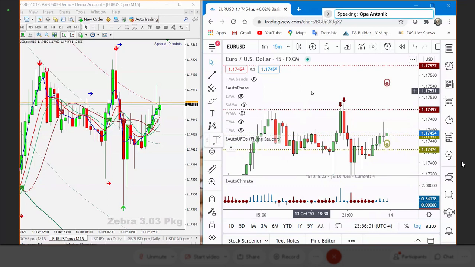I will send you the evaluation. Have a demo account set up and put the indicators onto the demo account and play with them, so you can see how it works out.